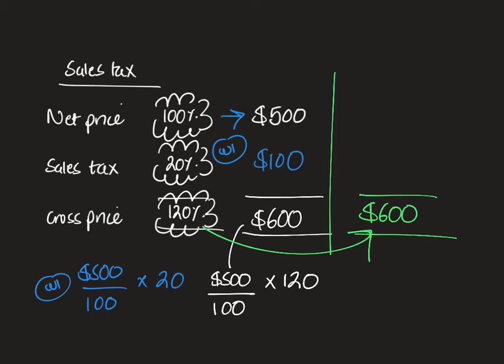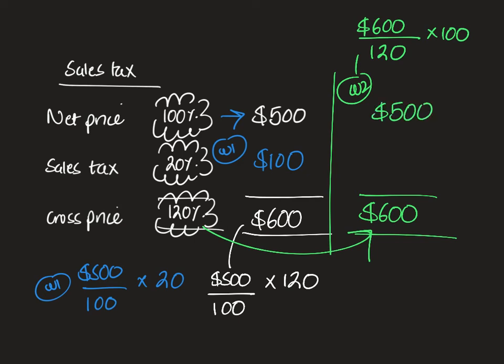So if we needed to work out the net price, we would simply have a working where we can take $600, divide it by 120 this time round because the gross price represents 120%, and we would multiply this by 100. Now, if you did that in your calculator, you would get 500.